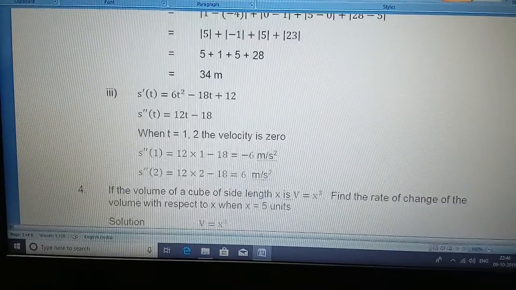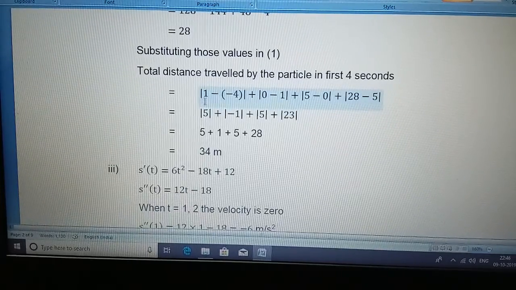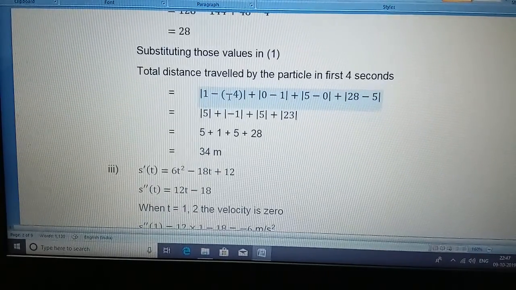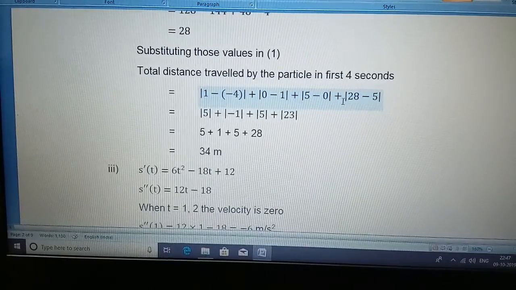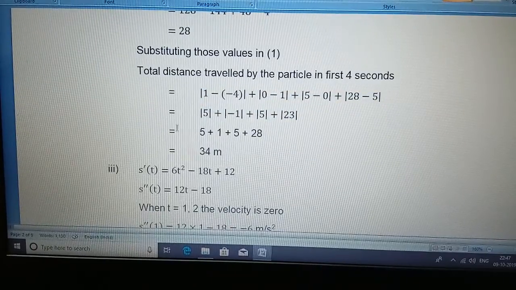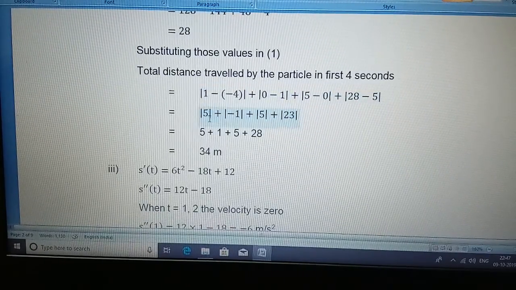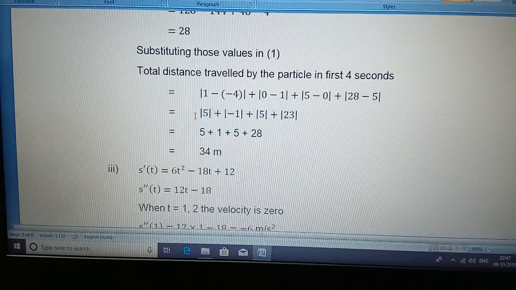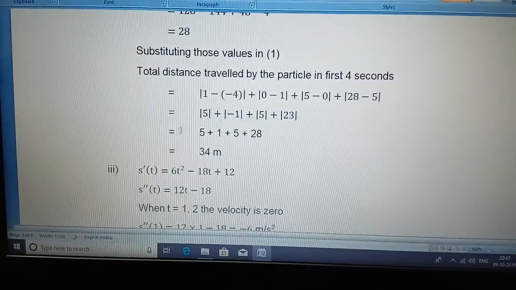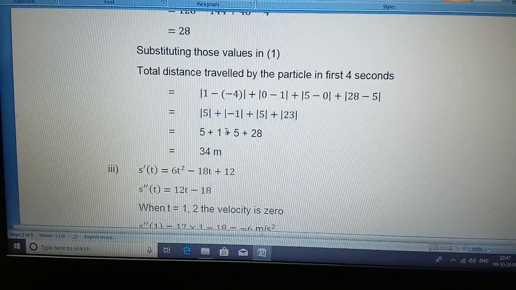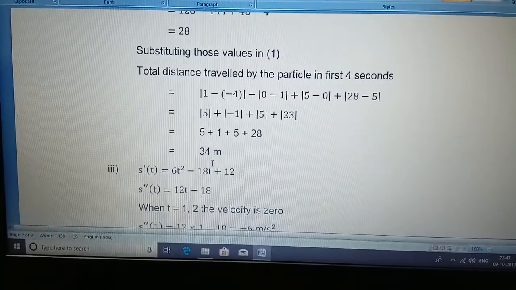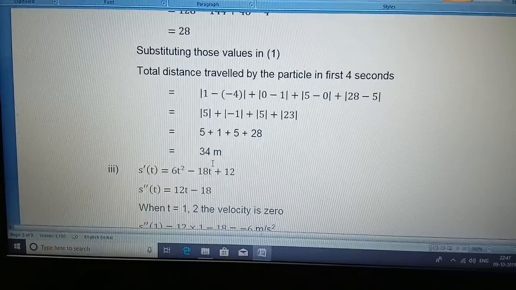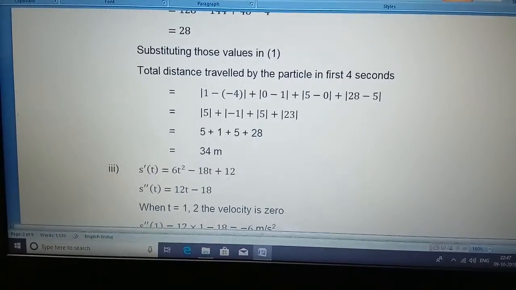The total becomes: S of 1 minus S of 0, that is 1 minus minus 4, which is 5; S of 2 minus S of 1 is 0 minus 1, which is minus 1; S of 3 minus S of 2 is 5 minus 0, which is 5; S of 4 minus S of 3 is 28 minus 5, which is 23. All in modulus, that is absolute value. So 5, then modulus of minus 1 is 1, plus 5, plus 23. Adding all together, it is 34 meters. That is the total distance traveled by the particle in the first 4 seconds.